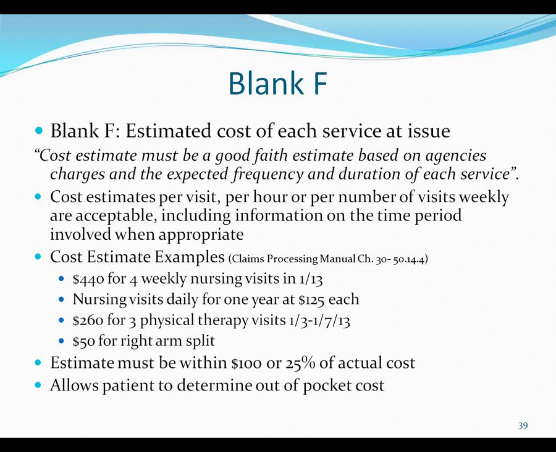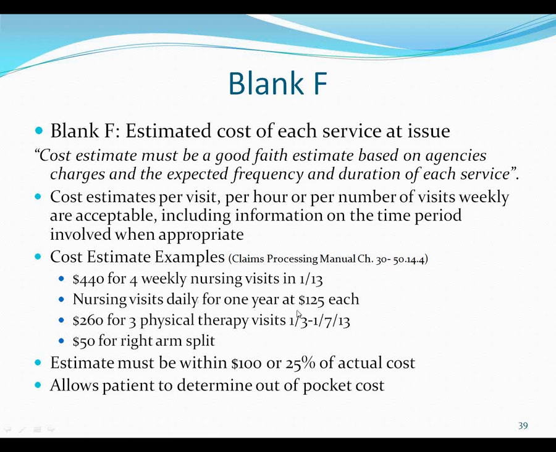So these are the examples that actually, the 4 examples on the slide came from the Claims Processing Manual, Section 30-50.14.4. So they give examples of $440 for 4 weekly nursing visits in the month of January.